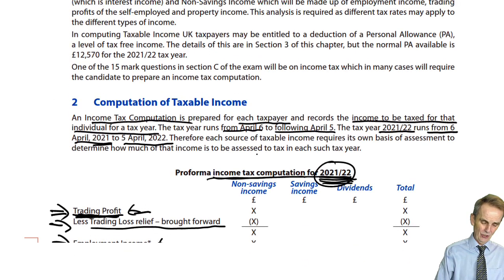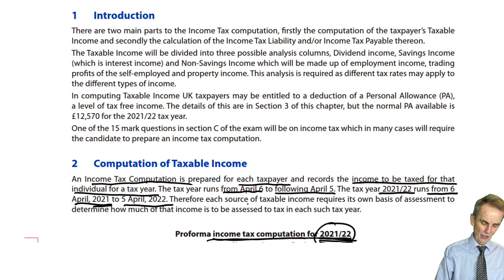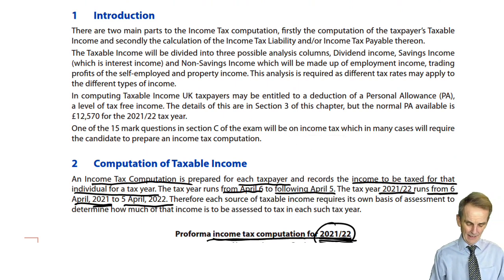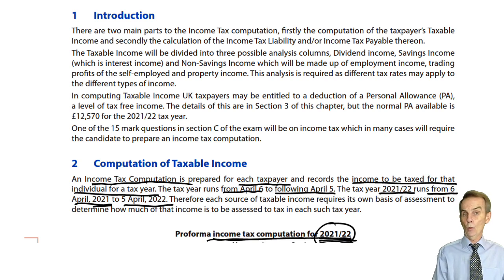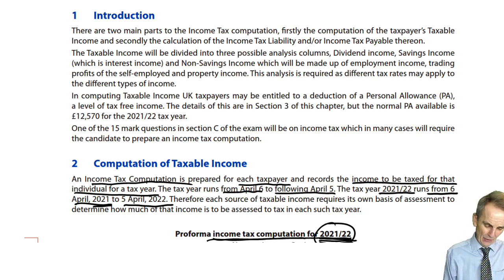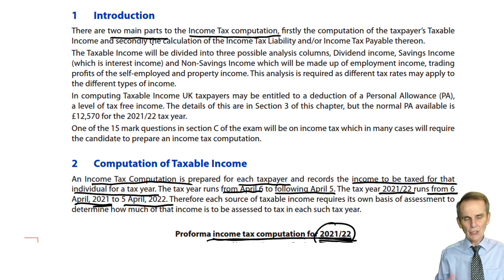Right, just go back to our introduction here. Now, again, as I said to you during one of the introductory lectures, there are two main parts to the income tax computation. This is a common feature of all tax computations, whether it's for an individual or whether indeed it is for a company and we deal with corporate tax.